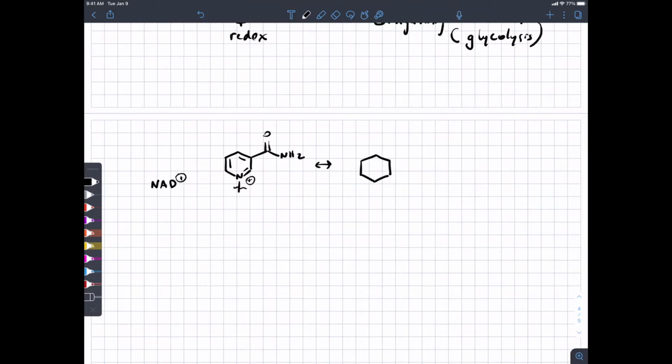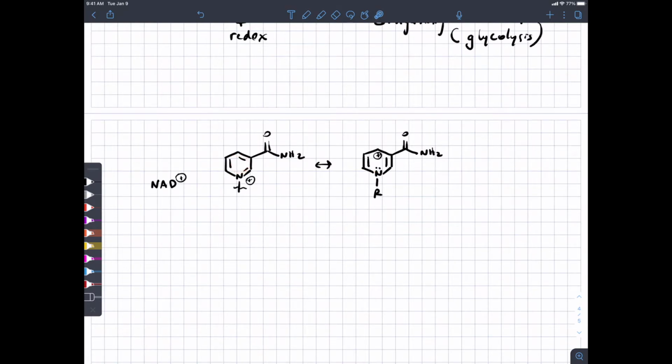And you can sort of see how it might be able to do that if you consider another resonance structure available to this molecule. You could put a positive charge on this carbon, the one that's sort of para to the nitrogen, and leave the nitrogen neutral.